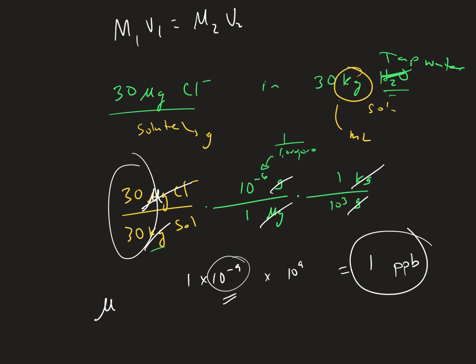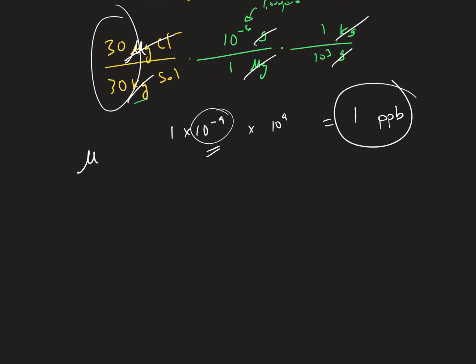Good? Can you do it physically the other way, the numbers? Yep. So if we have 30 micrograms of chloride over 30 kilograms of solution. So the question was, let's do it the way I do it, right? Is that what you're asking? Okay. So micro is a millionth. So if we have a million millionths, then we have 1 gram.